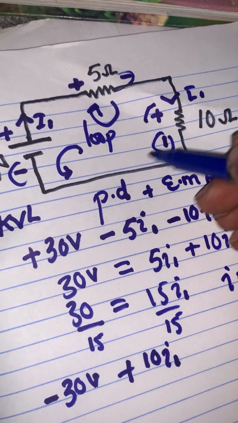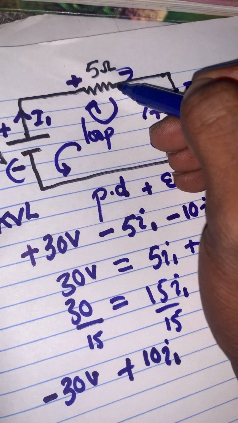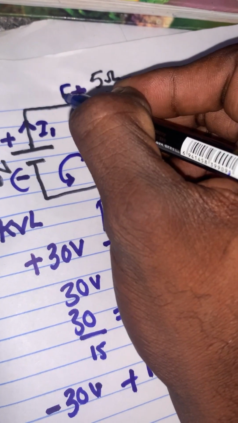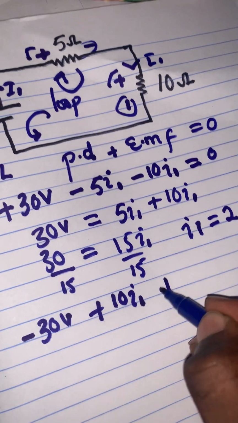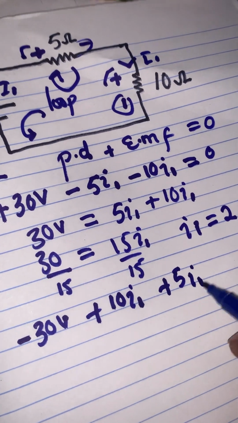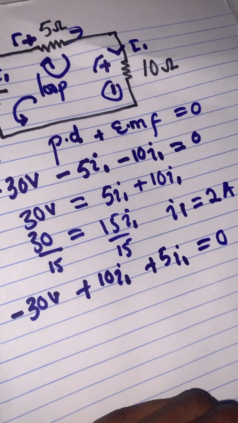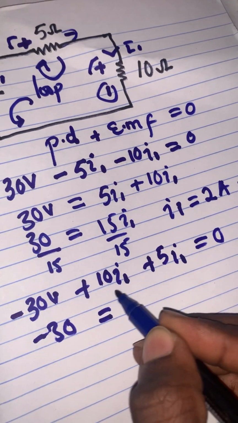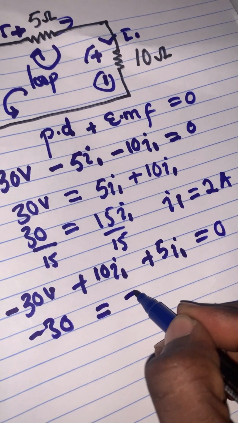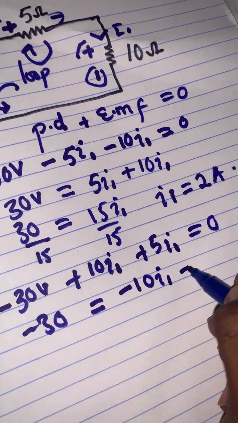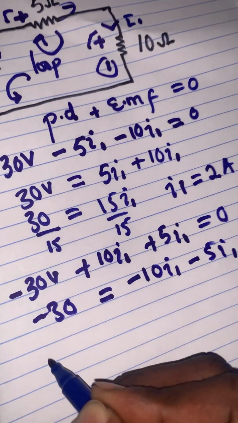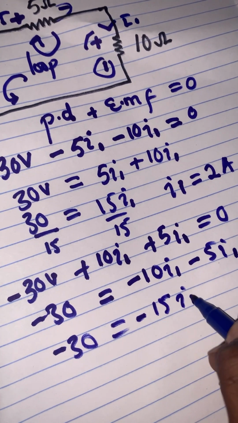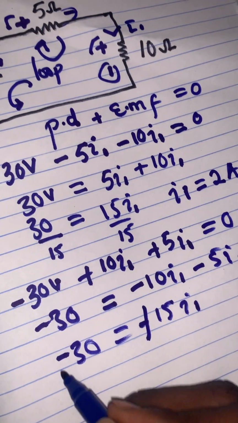We keep going like this. Since we are moving in the anti-clockwise direction, we come across the 5 ohm resistor. We leave the first sign, we take the last sign. This would be plus 5I1. Then we set the equation equal to 0. This would be negative 30 equals, taking these to that side, negative 10I1 minus 5I1. So negative 30 equals negative 15I1, and negative can cancel with negative.